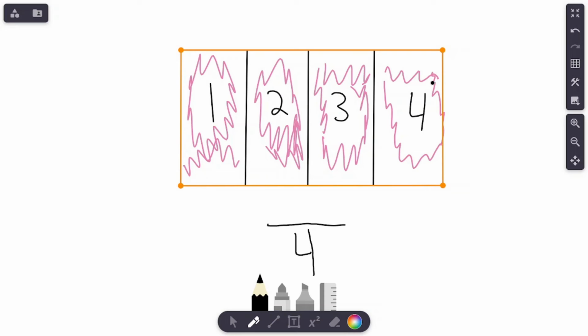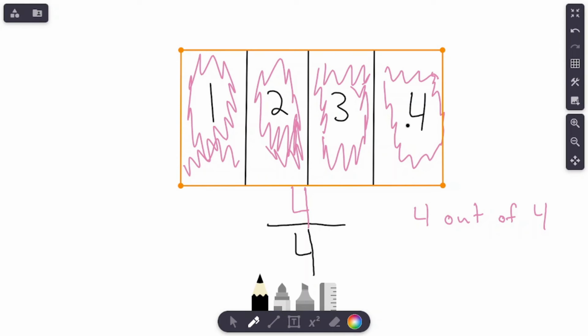Now, how many of those sections did I color in pink? Four, right? So would you agree that I colored in 4 out of 4 of them? Yeah, I did. There were 4 sections total.